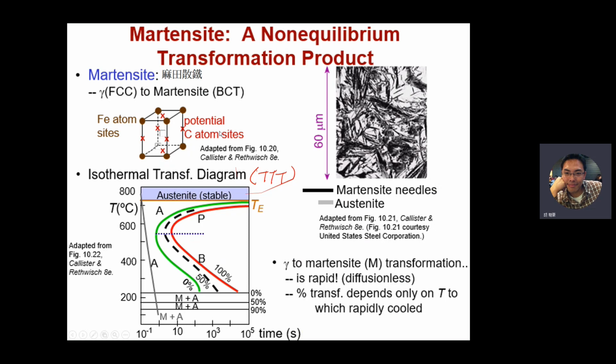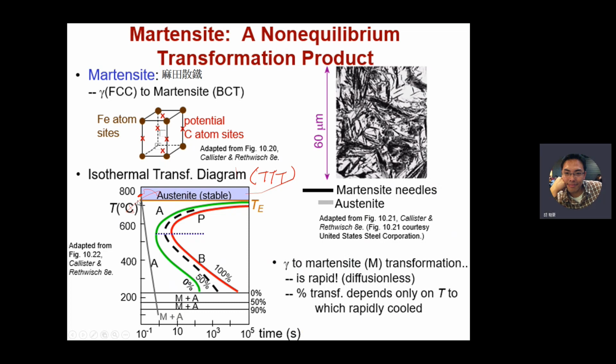We already mentioned that if we heat to a certain temperature above TE, that's 727, and then cool down very quickly, this process is called quenching. This quench process makes the transformation diffusionless, meaning it is time independent.